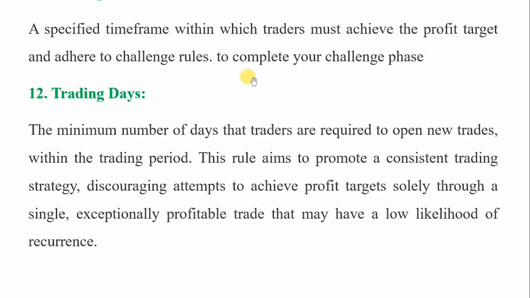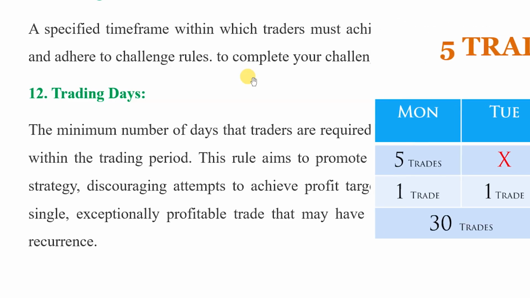That is why they make you place so many trades over several days to make sure you know what you are doing. For example, if a prop firm says the number of trading days is 5, let's use 1 week for example. There are 5 trading days in a week. It means you must open a trade after every 24 hours.